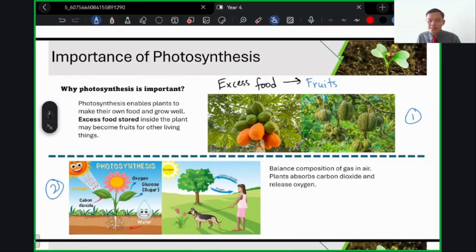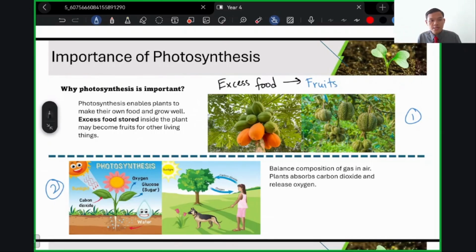I love durian so much. All of that comes from plants. How does a plant produce it? Through photosynthesis, the plant creates glucose. The glucose is stored in the form of starch. But when there is a lot of accumulation of starch, the trees produce fruits.